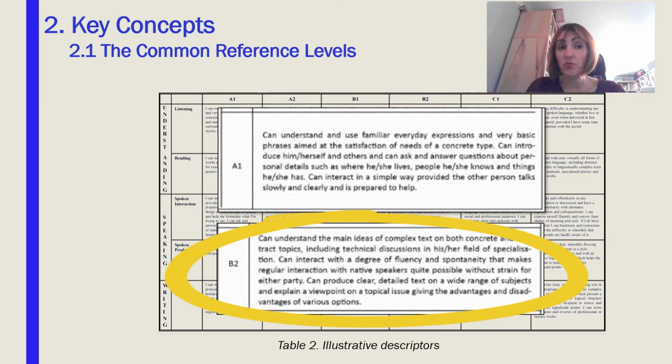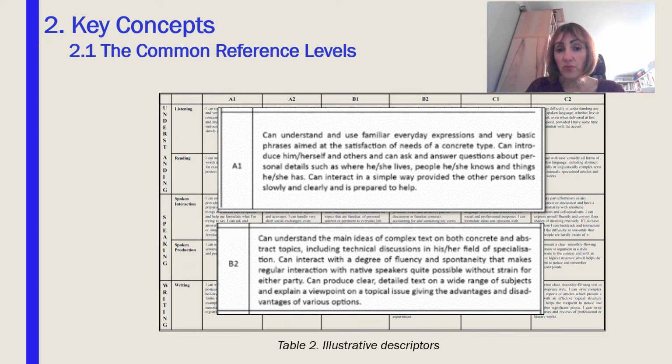Okay, that's the difference. We move from satisfaction of needs, concrete type, to concrete but also abstract. And also we move from the third party talking slowly and clearly and being prepared to help to B2, without strain. So that's very interesting. So we can see the abilities of a learner are not the same. Okay, that was for the listening ability.